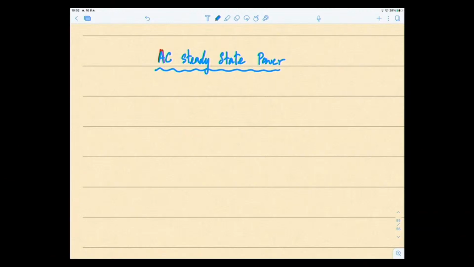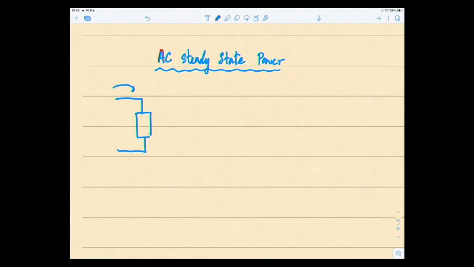Today's class is an introduction to the kinds of power in the AC world. We start with the original power formula that we know, which is P equal to V times I.